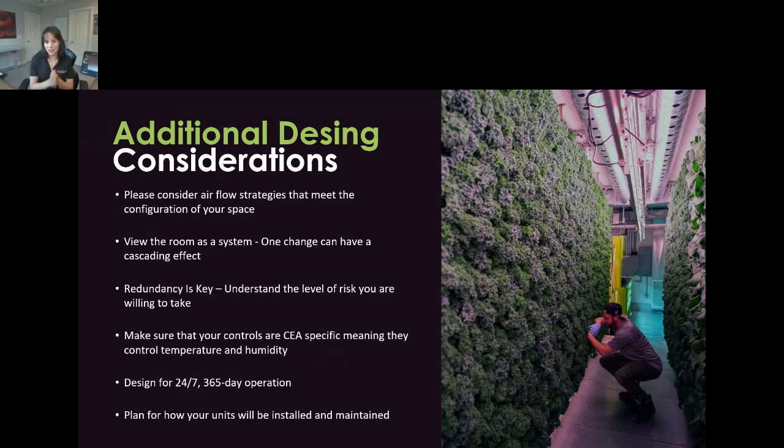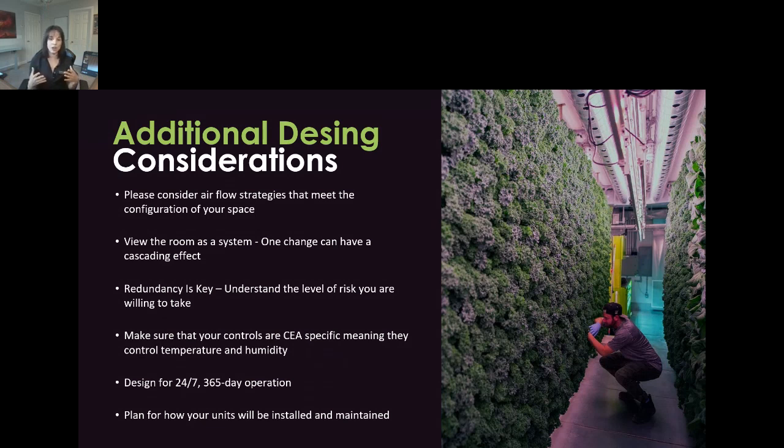So when you are thinking about your HVAC system, there are 3 ways to approach airflow or your air strategy in your grow room. Your HVAC system is going to provide your dehumidification and cooling capacity, and it's going to be input into your room. But if you've got multi-tier racks, I hate to break it to you, but it does not matter what duct system in the world you have, air doesn't go in turns.